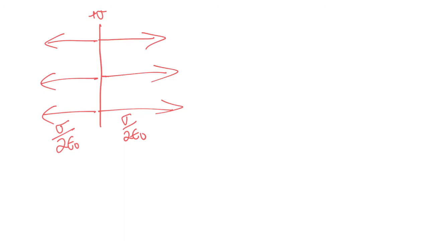So I think in one of the previous videos, this happened to be an insulating sheet of charge, but when it's a thin sheet of charge, it doesn't actually matter if it's insulating or conducting, because we're just looking outside. And so we proved that sigma over 2 epsilon naught is the magnitude of that electric field.